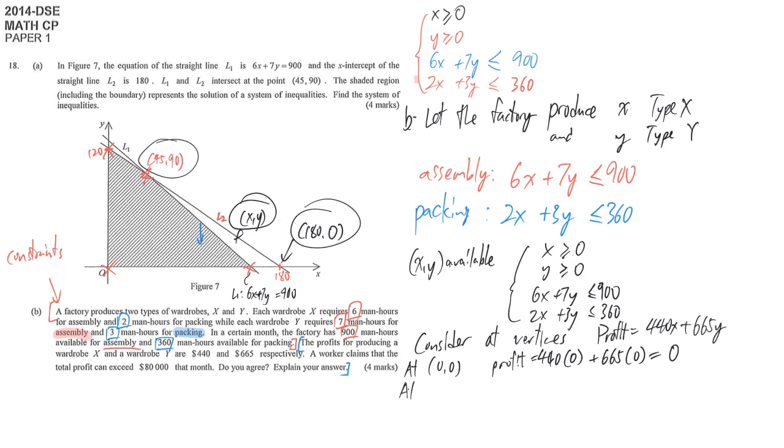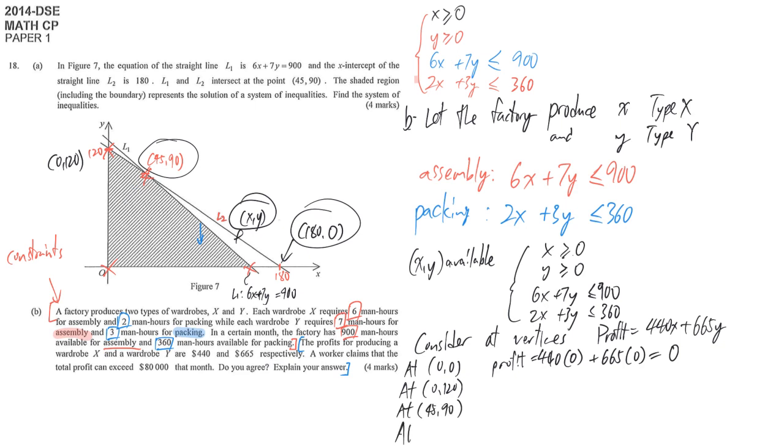And then at another point we calculate, we just repeat it. Another point we have is when x is 0, y is 120, so (0, 120). Also, another point is the intersection point (45, 90).